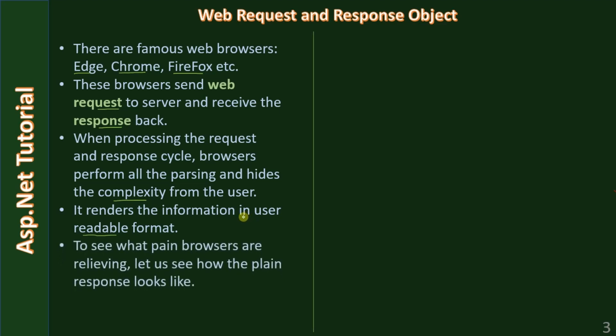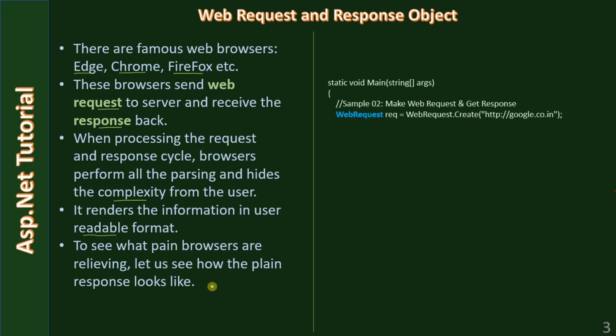To see what browsers are hiding, let us see how the plain response looks. Here, we are starting a simple C# application. In that, we are making use of the WebRequest object's Create method, and here we are just forming a URL.